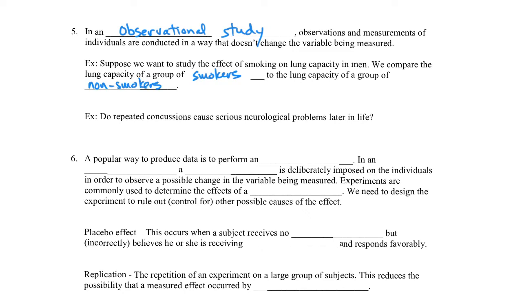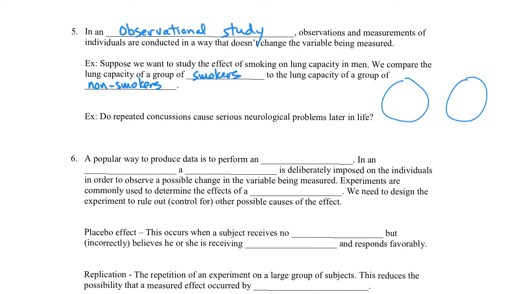So you can imagine the problem with doing an experiment here. Let's say instead of the observational study, you wanted to study the effects of smoking on lung capacity in men. So you have a whole bunch of males, you put them into two groups. None of them smoke.